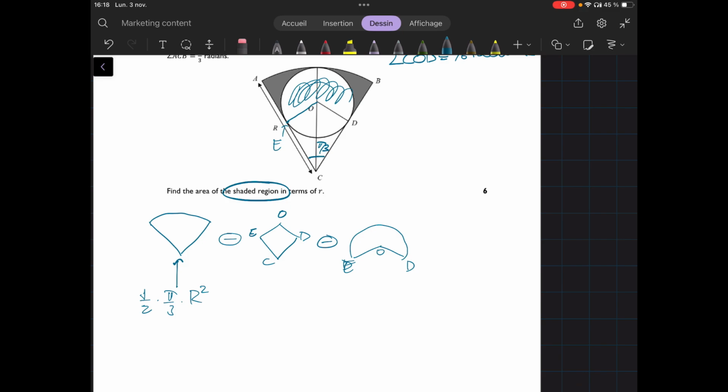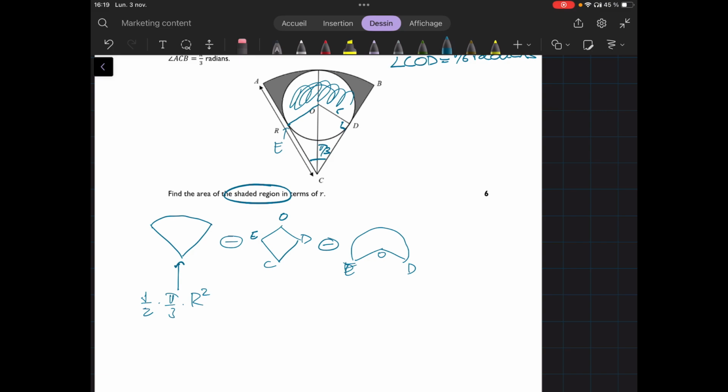What's the area of this triangle over here? We know that OD is the radius of the smaller circle, that's r. Let's find CD first.